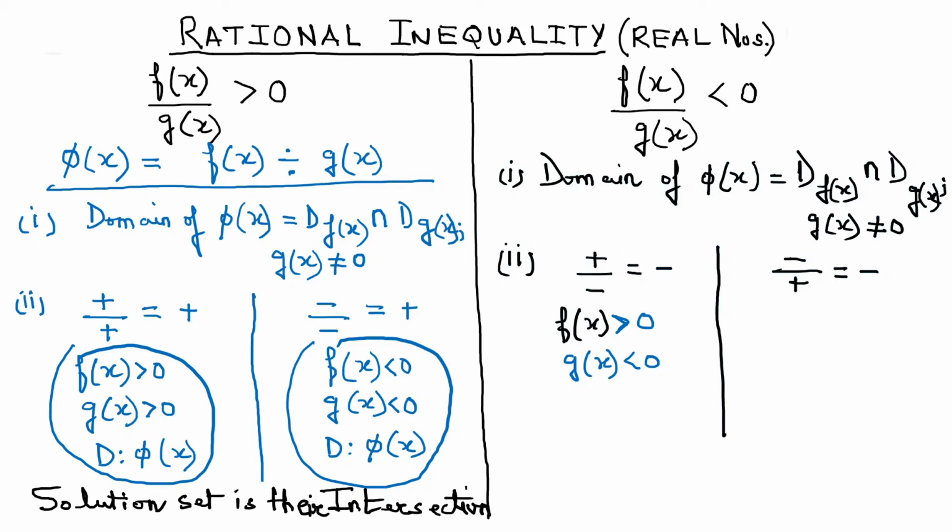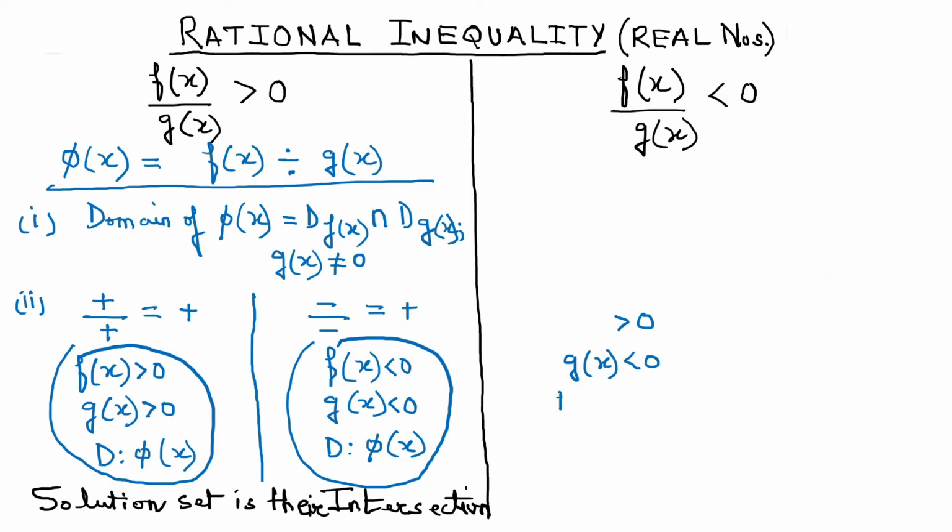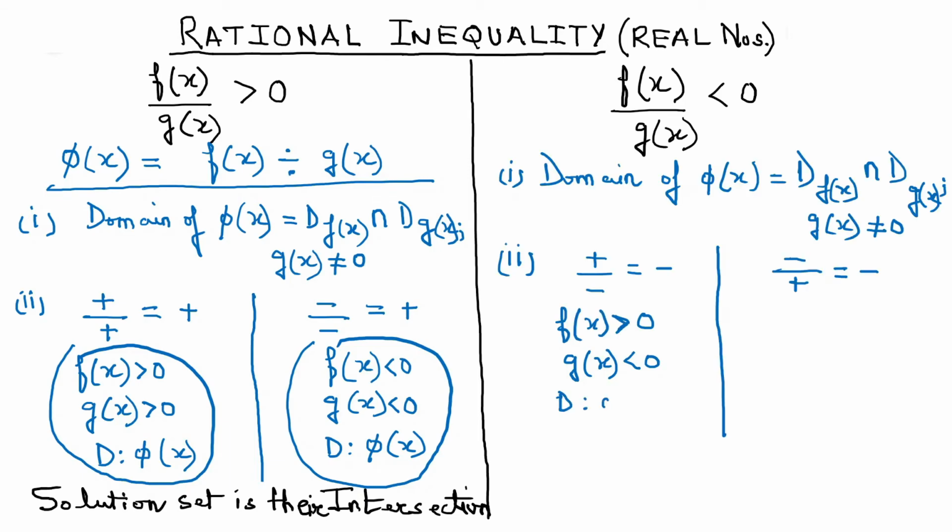right? And then you need to know the domain, so we have the domain also, which we know that the domain of phi(x) is nothing but domain of f(x) intersected with domain of g(x), union with g(x) should not be equal to 0.